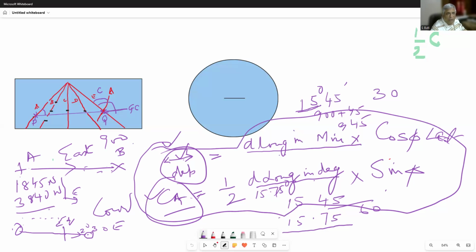So these are the concepts we will be applying for our next set of lessons, along with the dlong, delat, and how to convert this into distance, north, south, east, west, etc. And how to use them for finding out conversion angle.